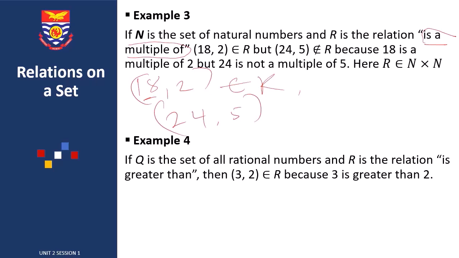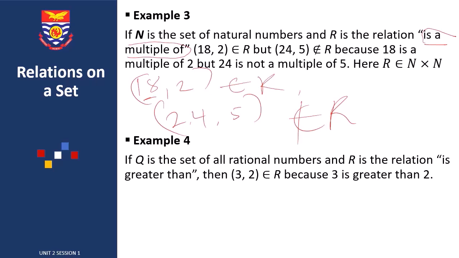Multiples of 5 give you 20 and 25, but you don't get 24. Then we say that the ordered pair (24, 5) is not a member of R. So here we can say that R belongs to the natural numbers.